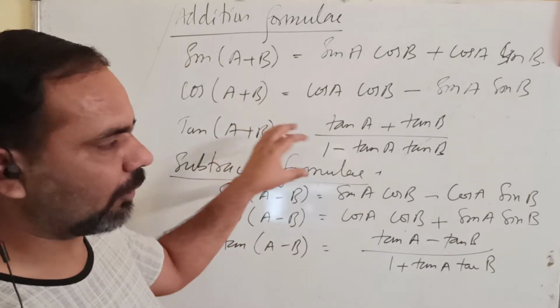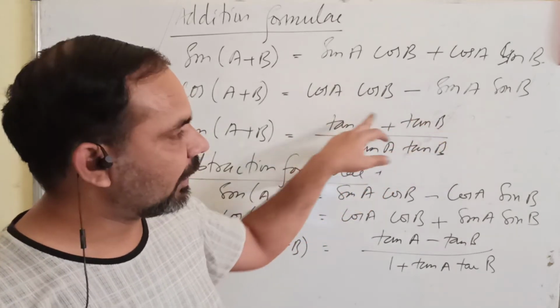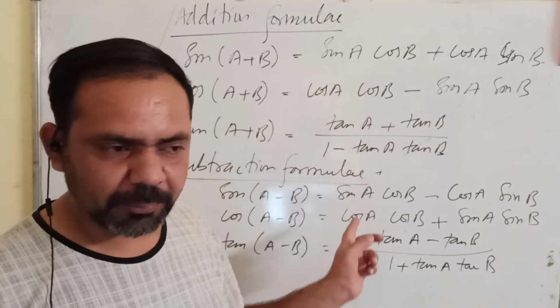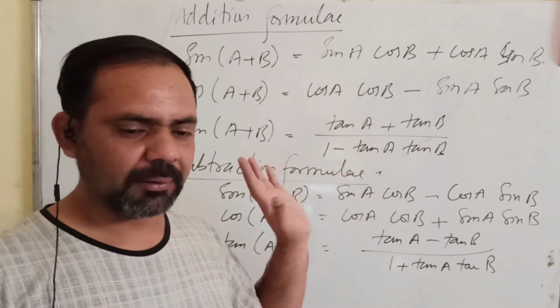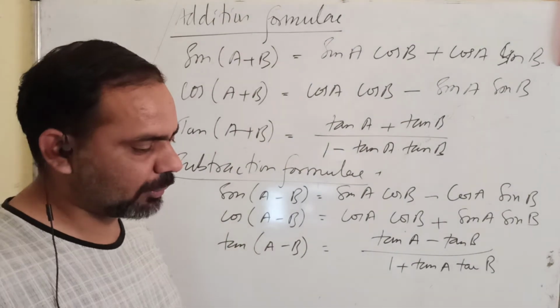In case of tan, the order will be tan A, tan B, 1, tan A, tan B. In the numerator the given sign will be there, in the denominator the opposite sign. So these are the addition and subtraction formulas.